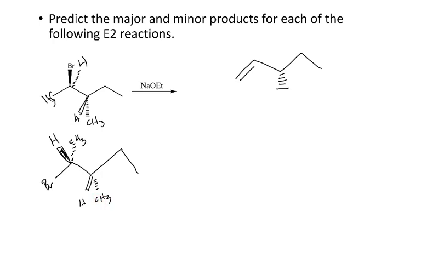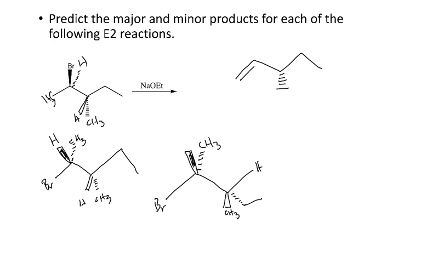When I redraw that, the first carbon didn't change. Now we have the hydrogen here. The methyl is going to take the place of the hydrogen, and the ethyl is going to take the place of the methyl.